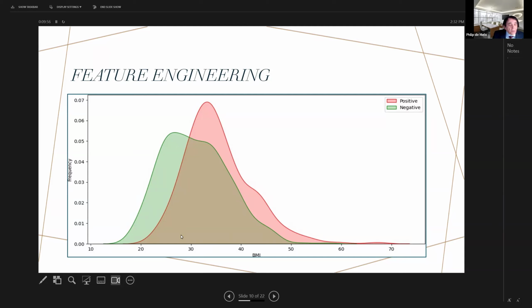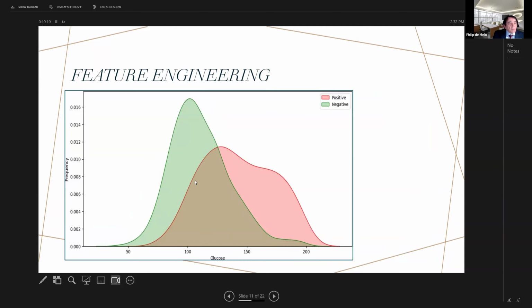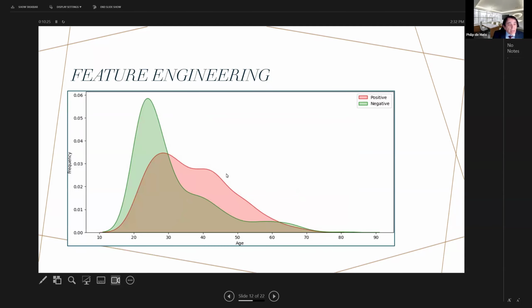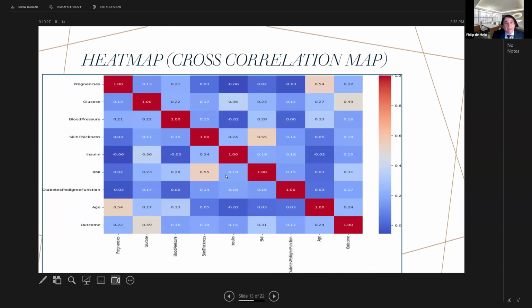Already around 28, we have a quite high risk, quite a prevalence of patients with diabetes, so it plays quite a high role. Same thing with glucose, we can identify the critical value when you have a large number of patients with diabetes, when you go, let's say, to this red zone. And same thing with age, that is quite, we do visualization.